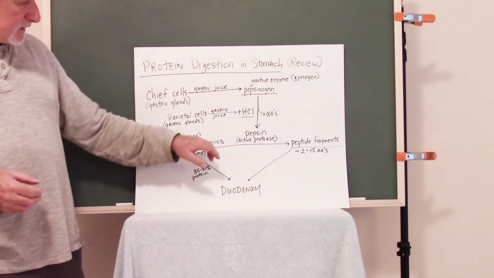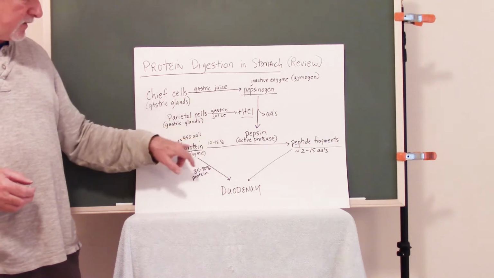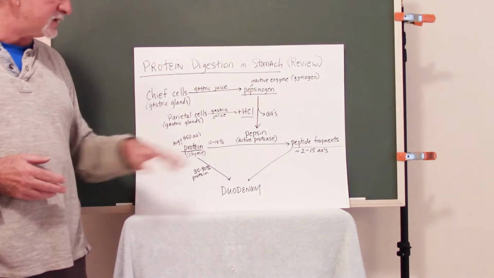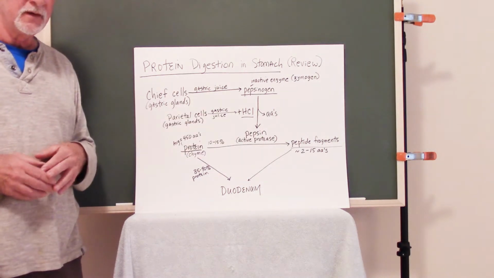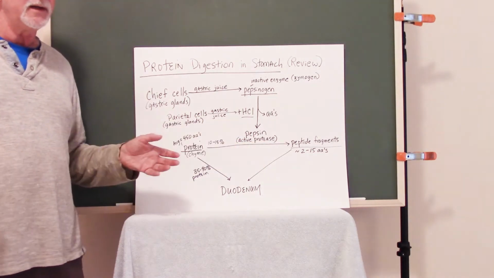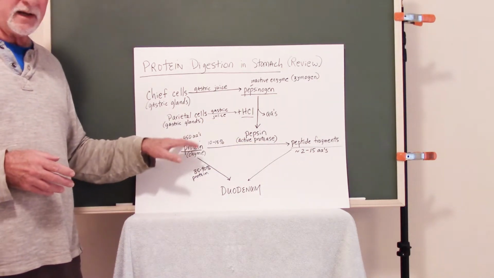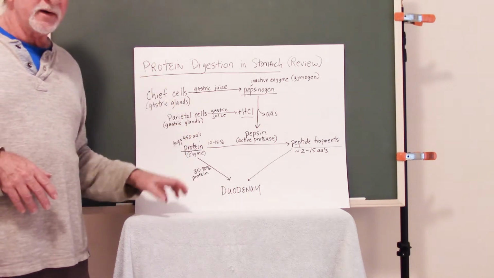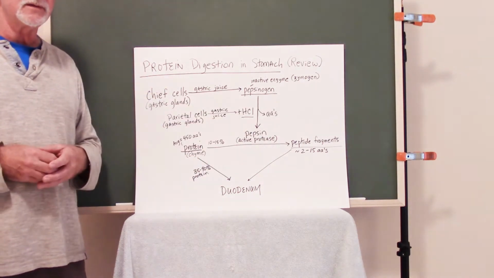Now, only about 10 to 15% of the protein in chyme is broken down to peptide fragments in the stomach by pepsin. By far, most of the protein isn't broken down in the stomach and instead goes without being broken down into the duodenum along with these peptide fragments.